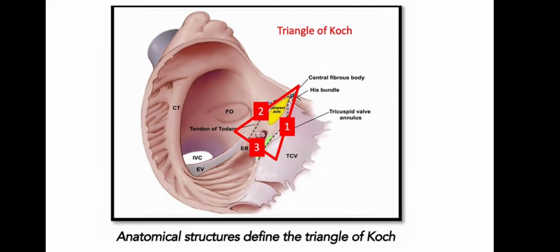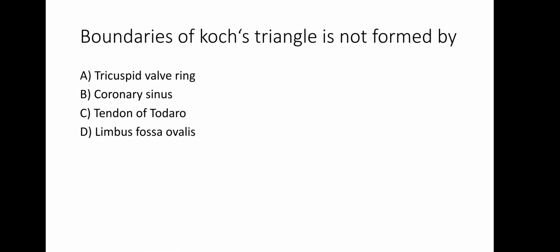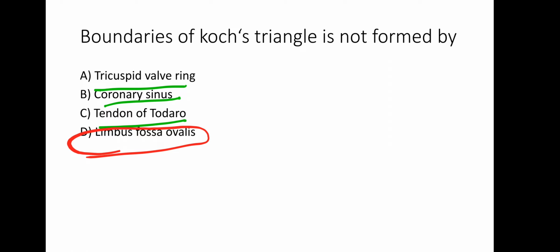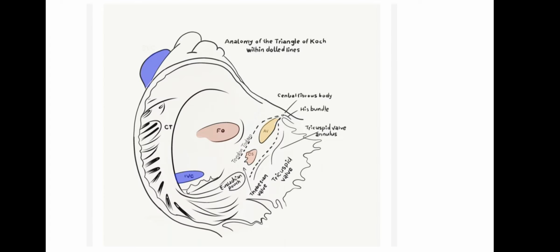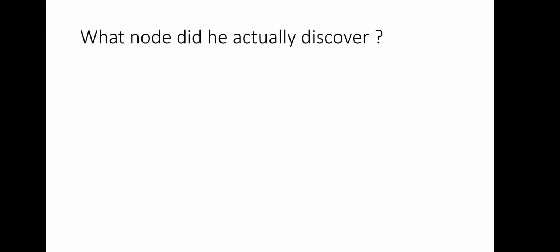Coming back to the question: the tricuspid valve ring forms the anterior boundary, the coronary sinus forms the posterior boundary, and the tendon of Todaro forms the superior boundary. The limbus fossa ovalis will be seen as we enter the right atrium, but it is not a boundary of Koch's triangle.